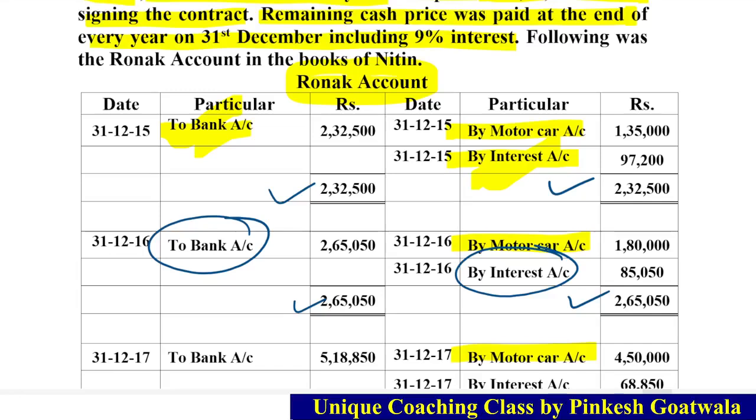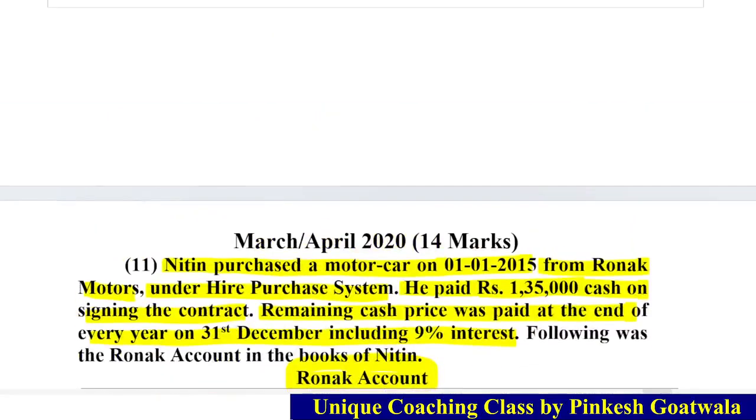So which type of account is this? So remember, there are two methods to prepare accounts. Today, how many methods are there to prepare accounts? There are two methods. There is no particular name of the method. You can say first method and second method.